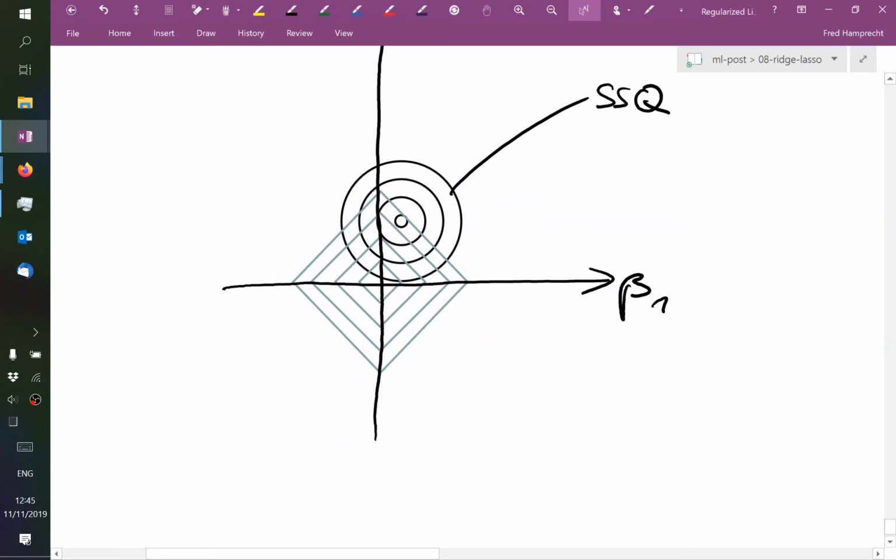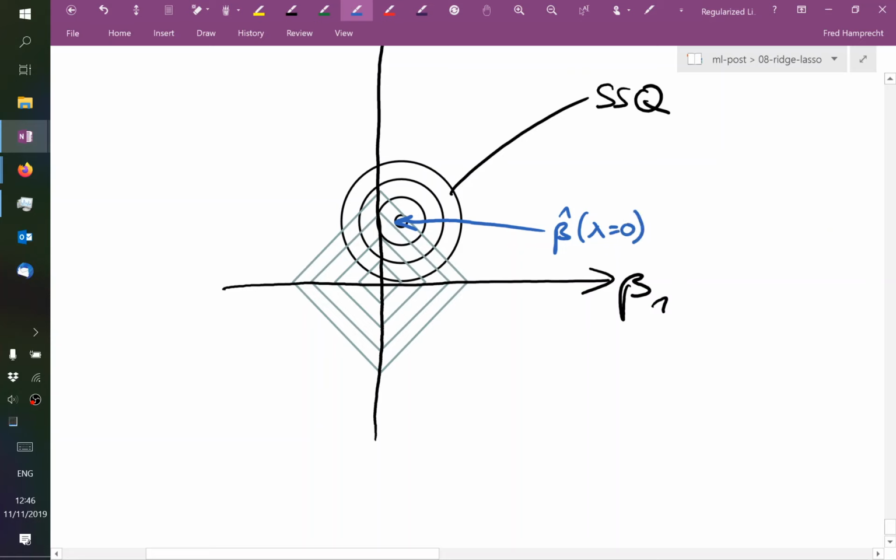And if we now start regularizing more and more, we shift our estimate. Initially our best estimate is right there. This is beta hat for lambda equals 0.